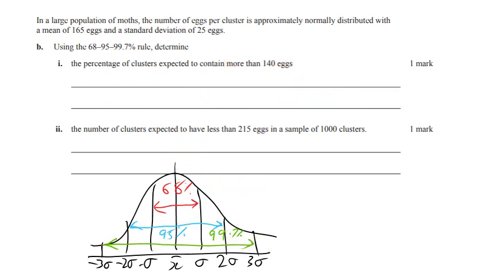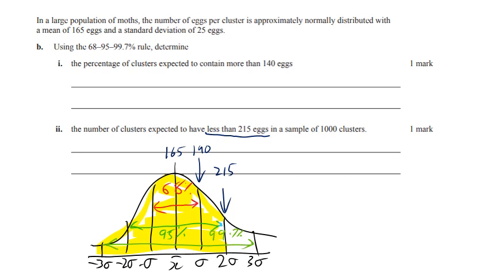So we're back to part 2, and now we're looking at less than 215. So again, we said this is 165 at the mean, and then if you plus 25 to that, you'll get 190 for this point here, which is 1 standard deviation. And over here, if we add another 25, we get 215. So we have got to work out, first of all, what percentage is in this area.